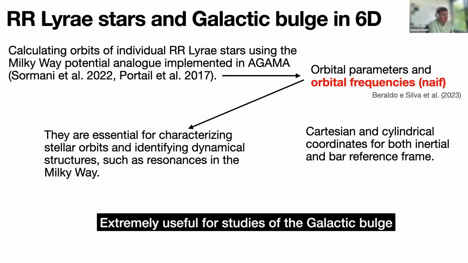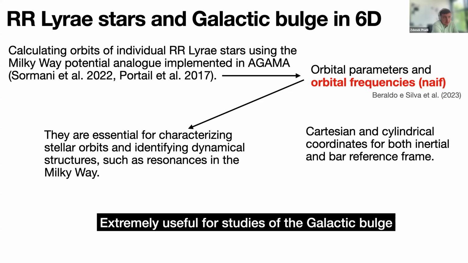We didn't stop with the orbital parameters, but we also used orbital frequencies. Orbital frequencies are often used on the simulation side, where you have individual particles for which you have their full orbits, and you can use Fourier transformation to decompose that into frequencies. In principle, with the orbits that you have from the analytical potential for our stars, you have a function over time where you have either velocity or some position on the vertical axis.